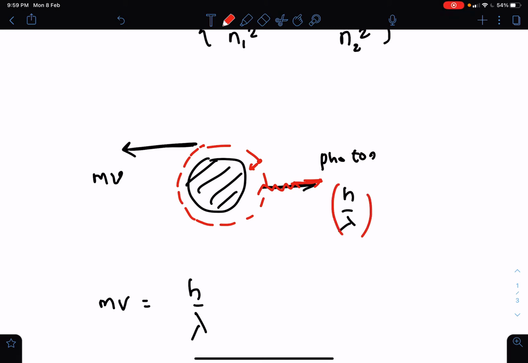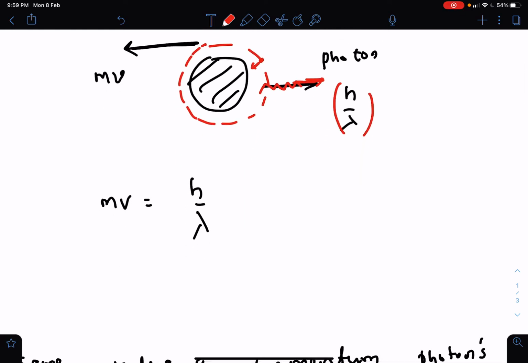Because the photon has momentum towards the right, the atom should have a recoil momentum towards the left. Only then can momentum be conserved, because initially the atom was stationary, so the overall momentum was zero. So if the photon gets rightward momentum, the recoiled atom should have leftward momentum. From momentum conservation, the momentum of the atom and the momentum of the photon are the same.